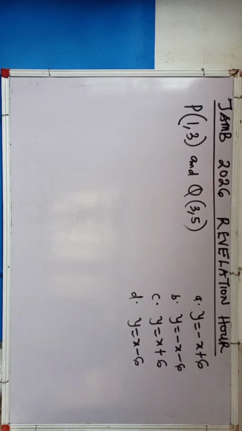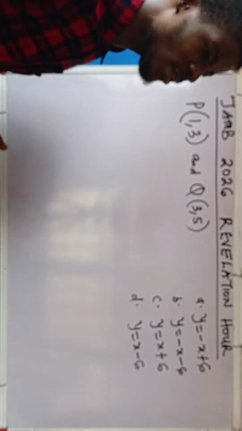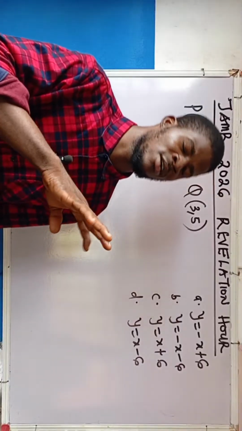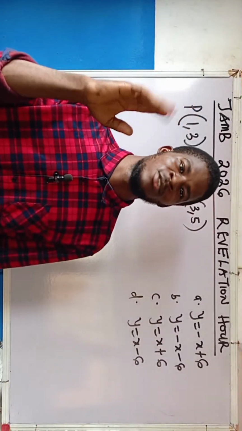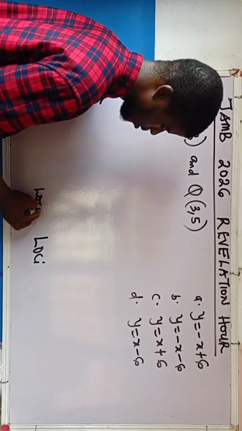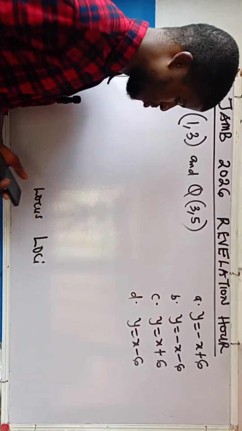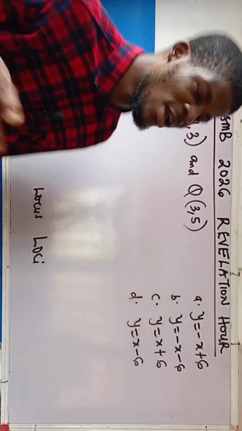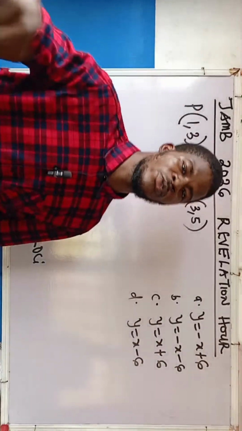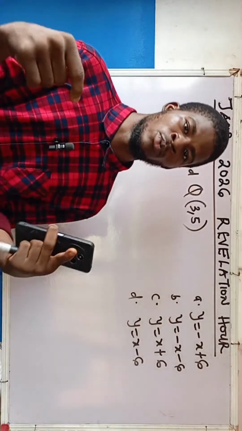So the question is under locus, and we are asked to find the locus of a point equidistant from these 2 points. In coordinate geometry, we have more than 6 loci theorems. Locus is singular, loci is plural. One of them is that the locus of a point equidistant from 2 fixed points is the perpendicular bisector of the line joining the 2 points.